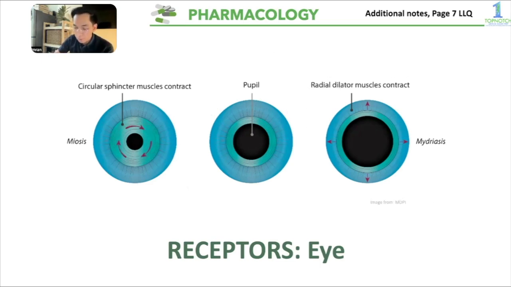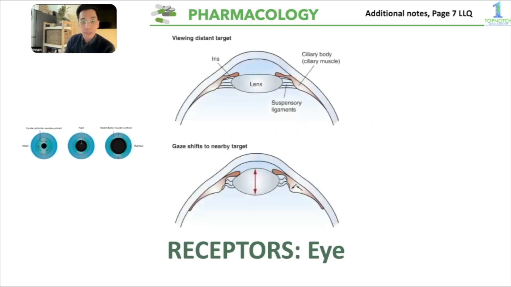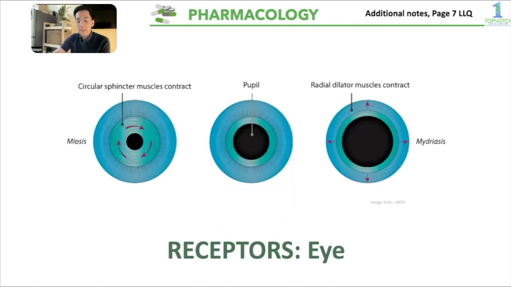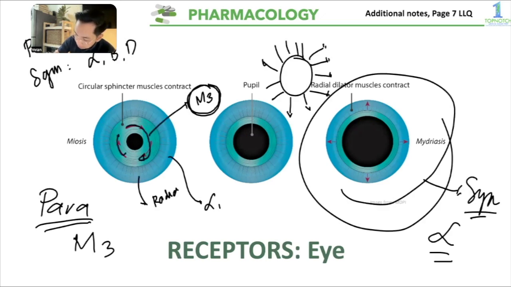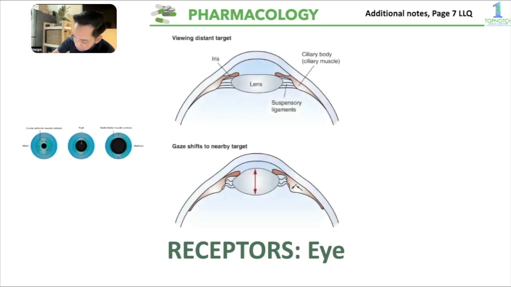Okay? Next will be your ciliary muscles, no? Nawala yung aking iPad. Your ciliary muscle will involve beta receptors and also your muscarinic receptors. Ano daw yung content na receptor niya?